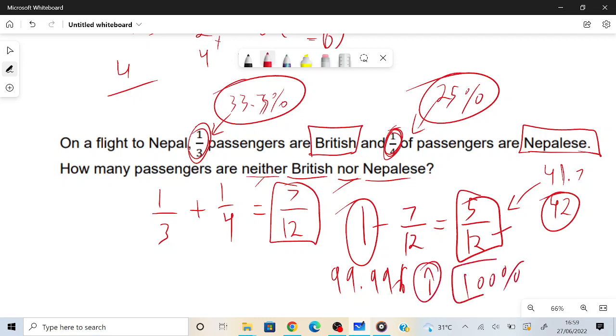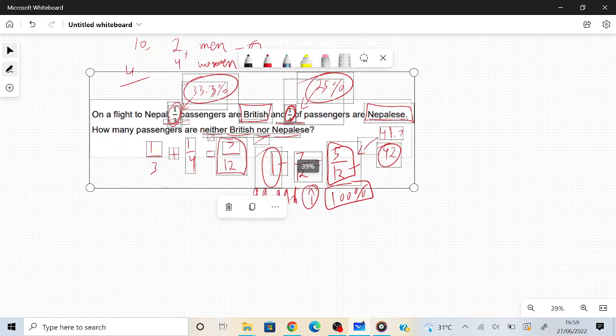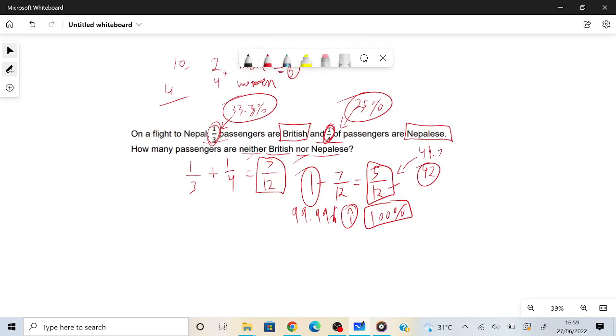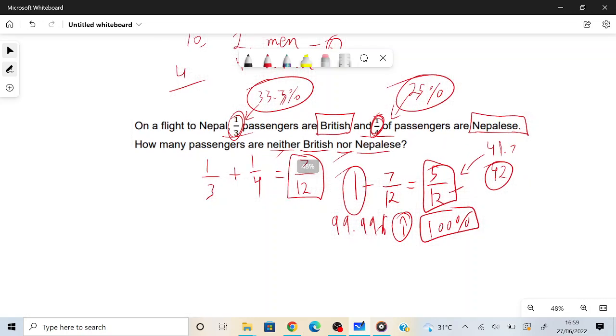So as you can see, you could work out this question in terms of percentage, you could work in terms of fractions as they are, or you could work it in terms of decimals. We know 1/3 is simply 0.333 recurring. We know 1/4 is 0.25, and we know that if we add up all the decimals, we should get 1.